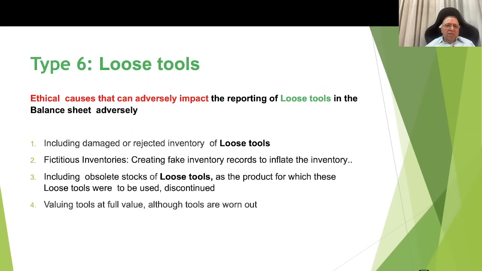The ethical causes are including damaged or rejected inventory of loose tools in the reporting at full value, fictitious inventories. Number three, including obsolete stocks of loose tools. And fourth important point is valuing the tools at full value, although tools have been worn out due to usage.